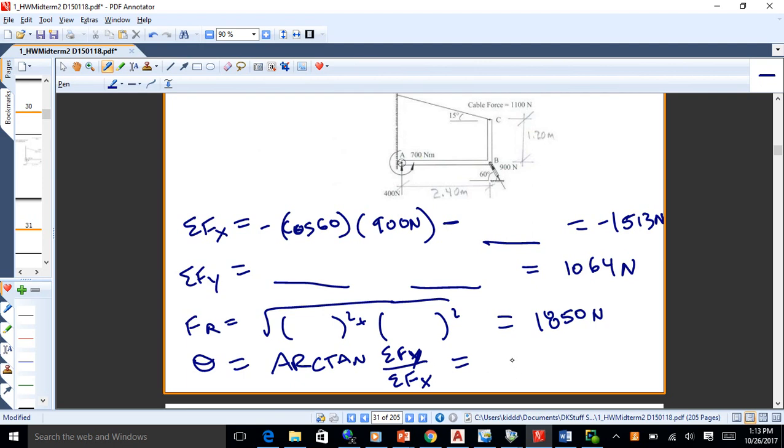It's 35.1 degrees, but watch which way it points. I don't know if I put that in the solution or no, but what your calculator is going to tell you is it's negative 35.1, but see, it's not pointing that way, it's pointing up the other way. So you want to have it up that way, okay?